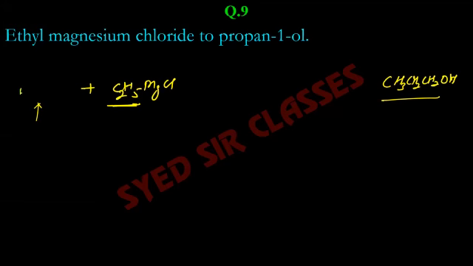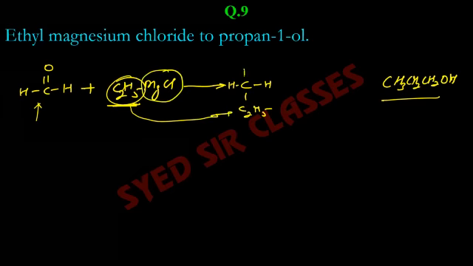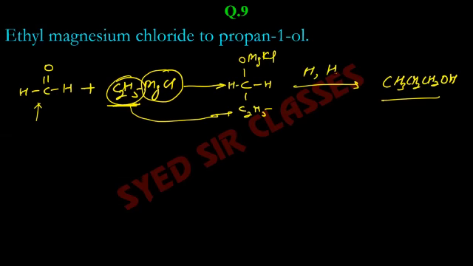The C2H5 alkyl group will get attached to carbon, and MgCl will get attached to oxygen. After that, we do acidic hydrolysis.